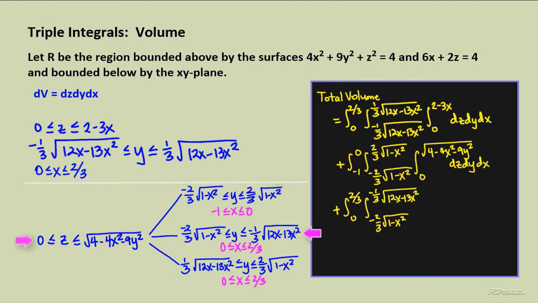And integration with respect to z goes from 0 to the square root of 4 minus 4x squared minus 9y squared. We make an almost virtual copy of this last triple integral for the fourth and final triple integral.